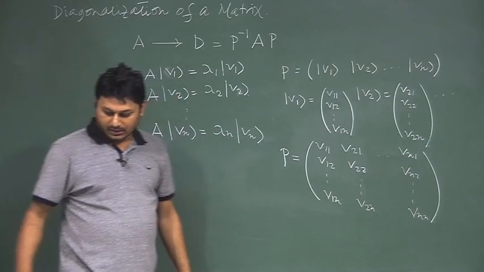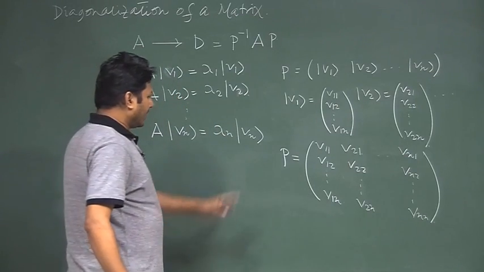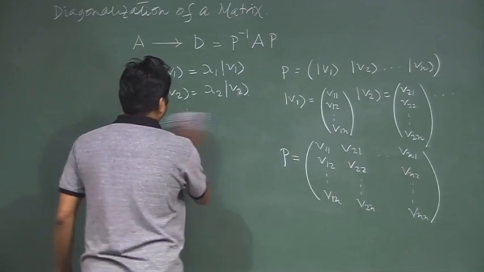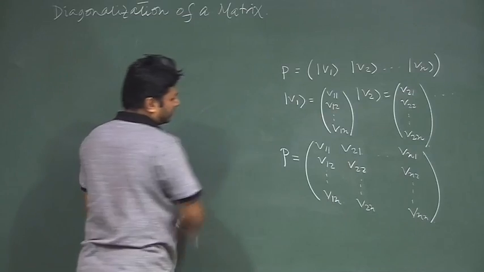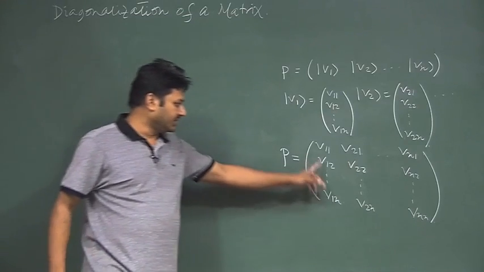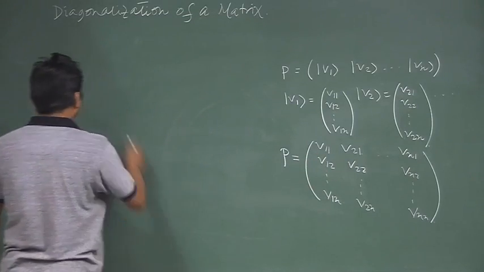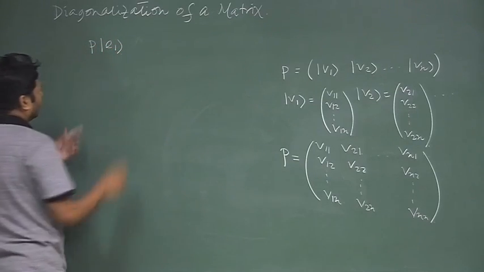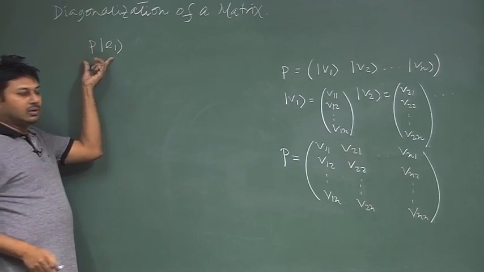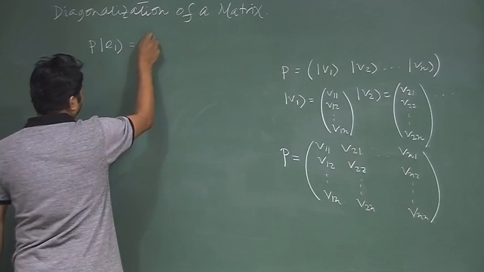Now I have my P matrix, which is formed by the eigenvectors. A few things now. If I operate P over ei, what do I get? Let me write it clearly.